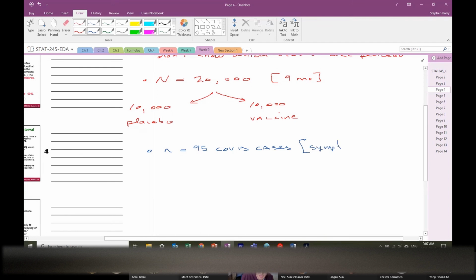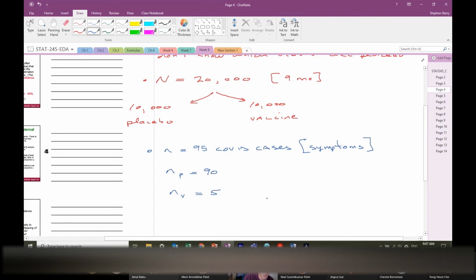They come in, they have symptoms, they get tested, and they have COVID. Then the question is how many people were in the placebo group and how many were in the vaccine group? Well, it turns out that in the placebo group, it was 90 of them. And in the vaccine group, it was 5.